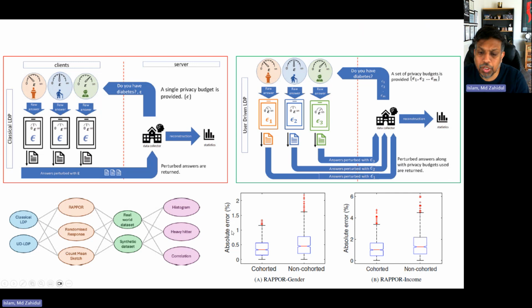Our absolute error percentage is lower than non-cohorted, and also the standard deviation is lower than non-cohorted, and that is for gender and also for income. So that's basically the main idea of this paper.